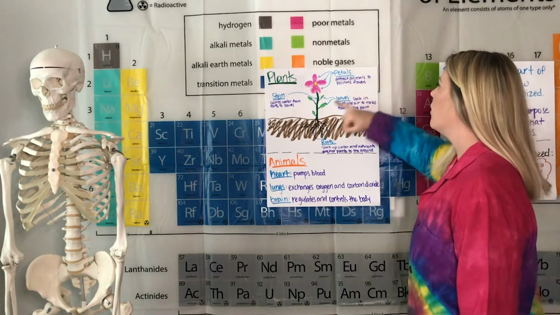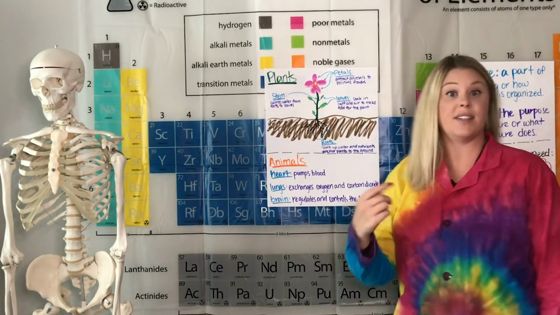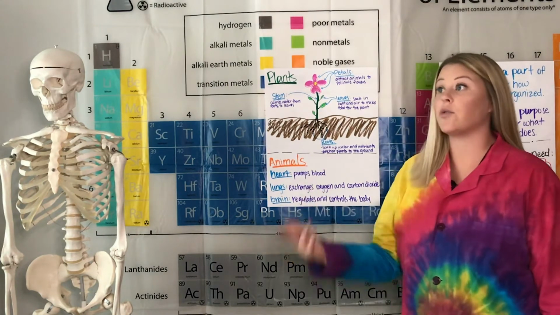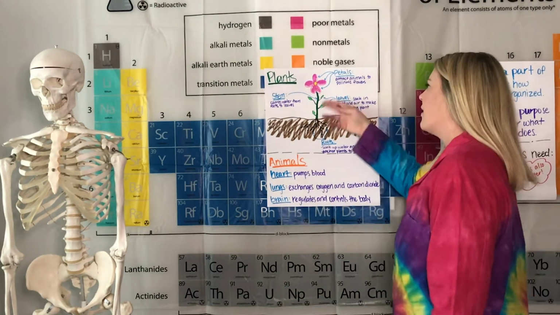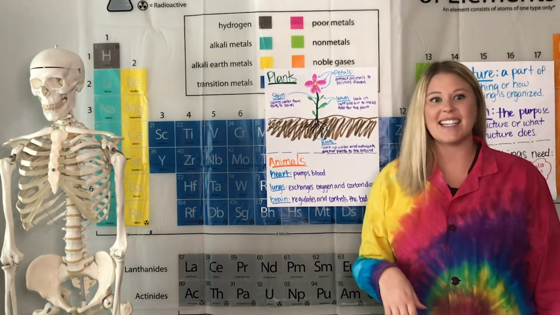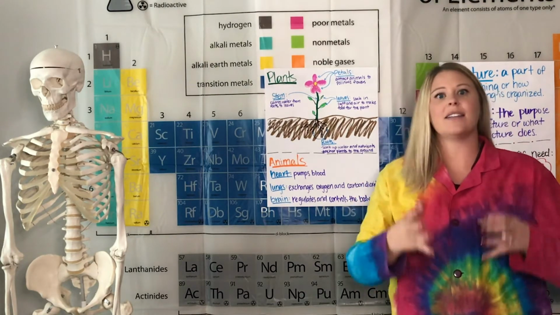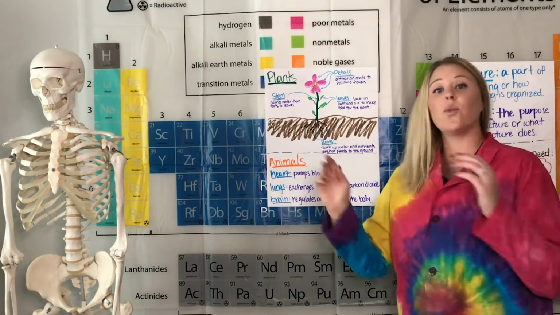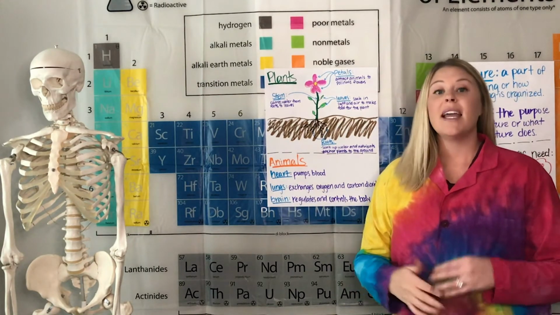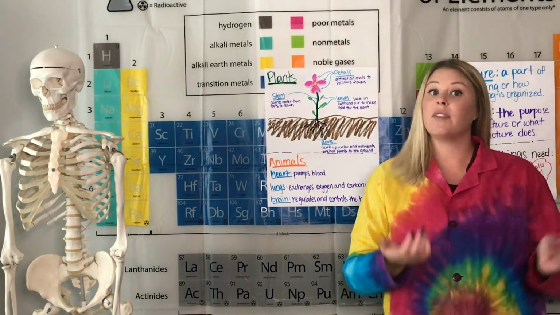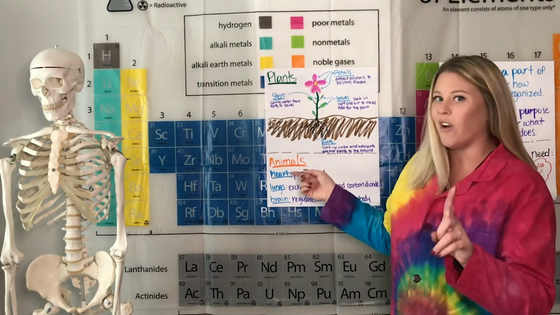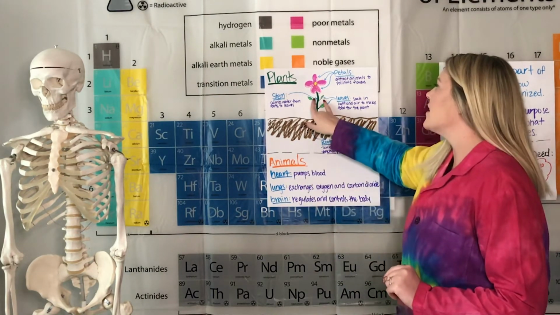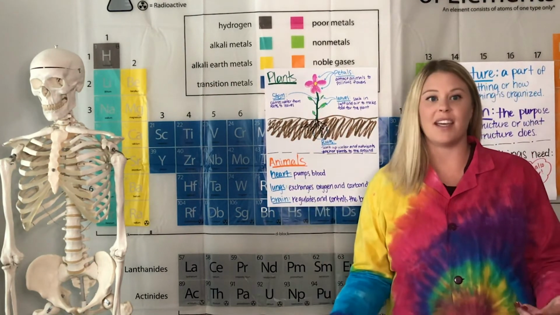Now moving down, all plants have some sort of stem. A tree has a trunk and branches. Our flower here has a stem. A cactus, that large center part of the cactus, that's its stem, okay? And the stem has a really important job. Its job is to move water that's absorbed from the roots, we'll get there, up to the leaves to hydrate the plant.